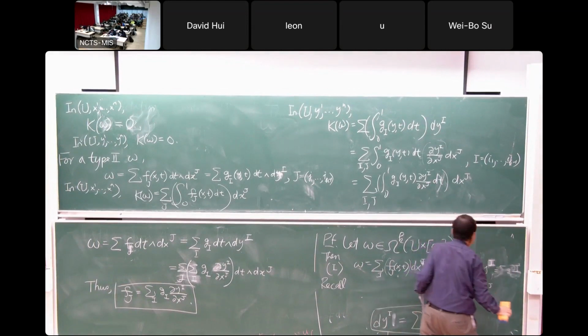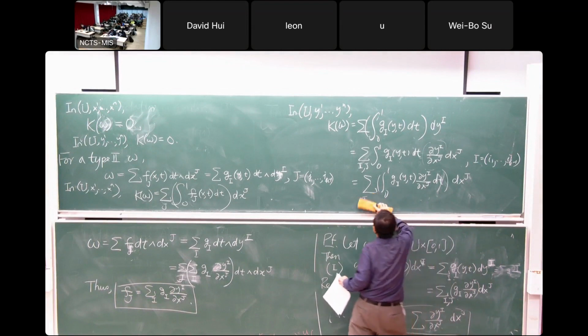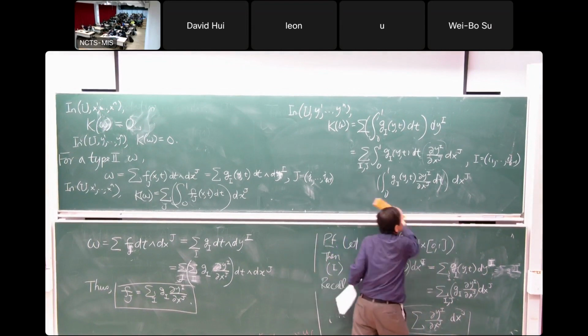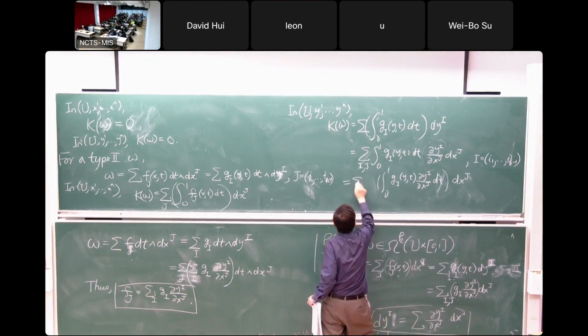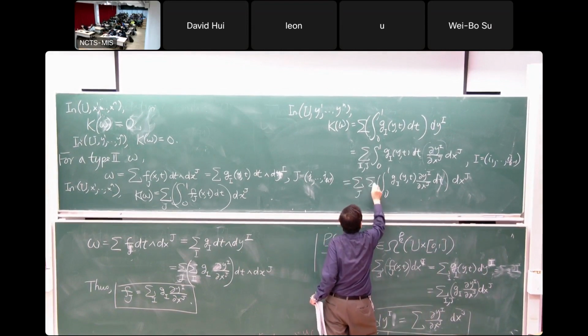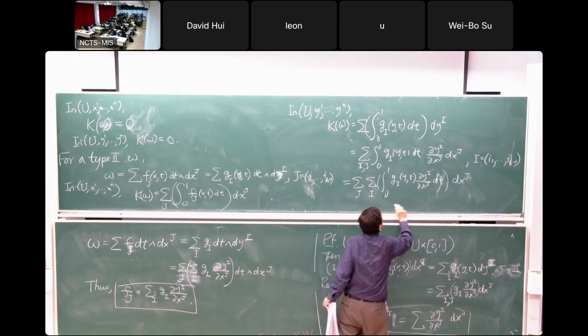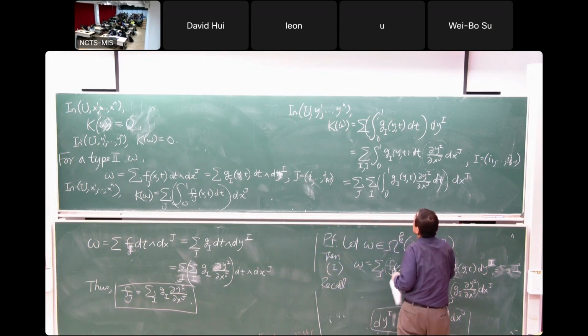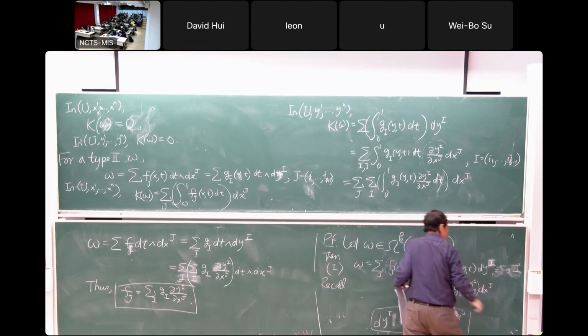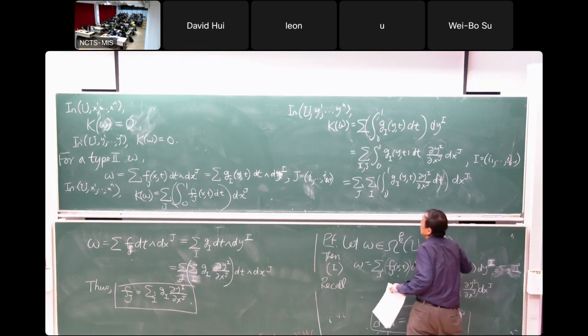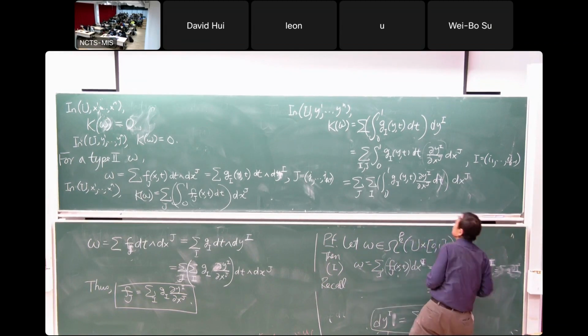And now, of course, I can first sum over J, then sum over I. And integration commutes with the sum, so I can bring the sum inside.